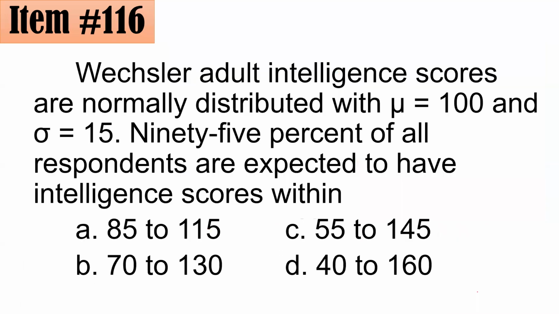Next, 116. Wechsler adult intelligence scores are normally distributed with a mean of 100 and a standard deviation of 15. 95% of all respondents are expected to have intelligence scores within what? Did you go for 85 to 115, 70 to 130, 55 to 145? Or did you go for 40 to 160?